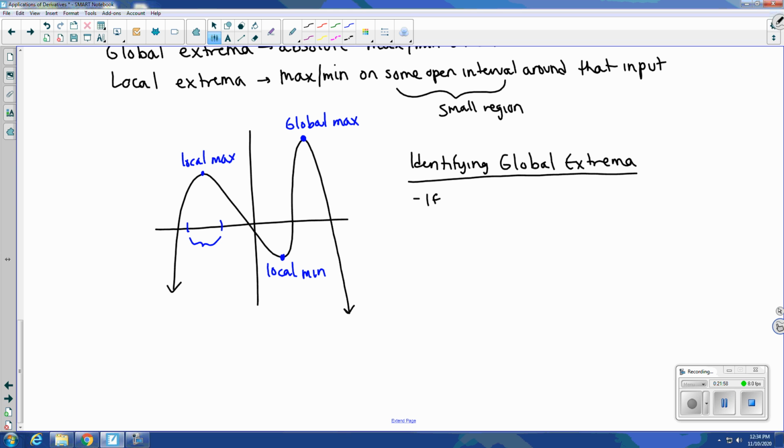If you have multiple maxes and or mins, then you need to compare the function output at the location of those maxes or mins to determine which one actually has the greatest output or the lowest output, whatever you're looking for, whether it be max or min. Then compare function output at those extreme value locations.